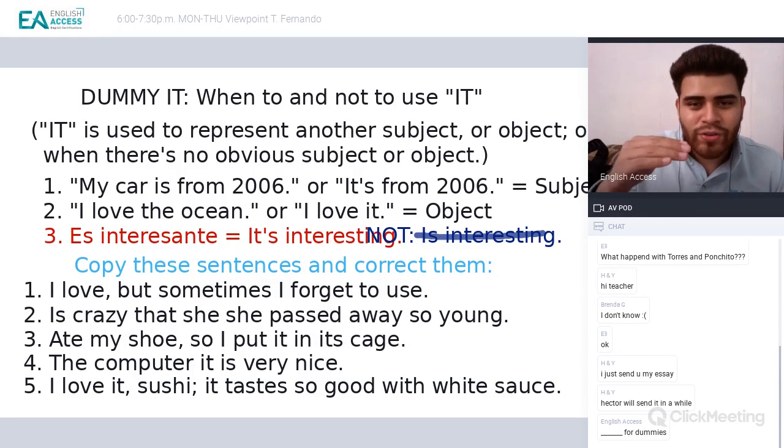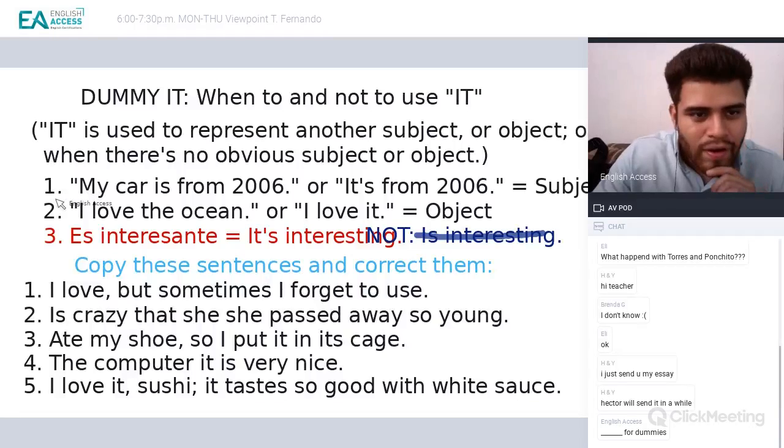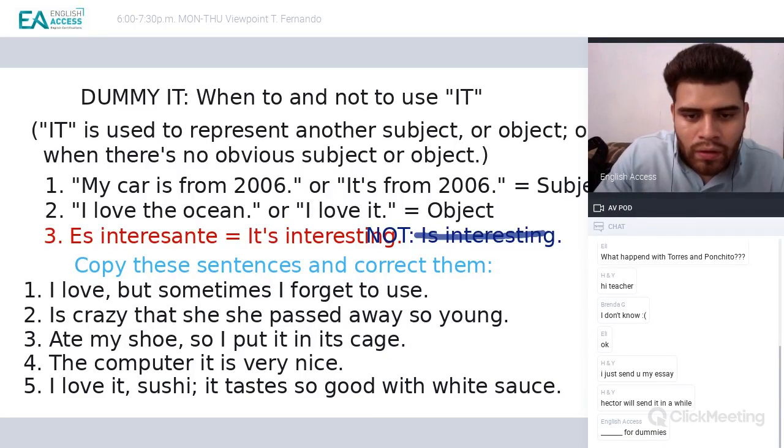All right, so here, number one, my car is from 2006, or it's from 2006. There, my it is a subject.